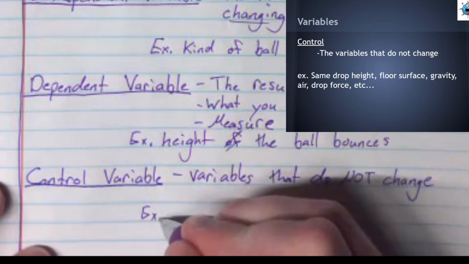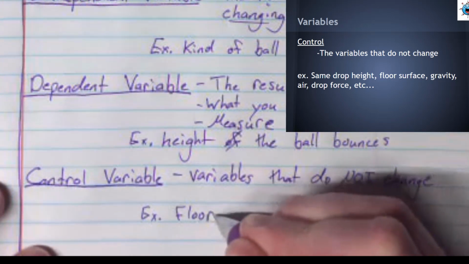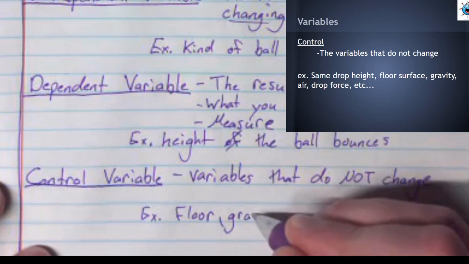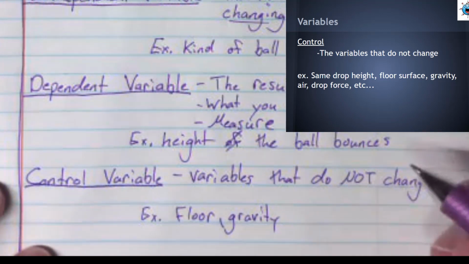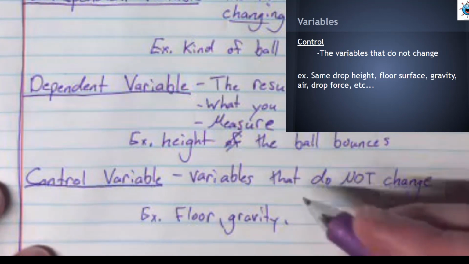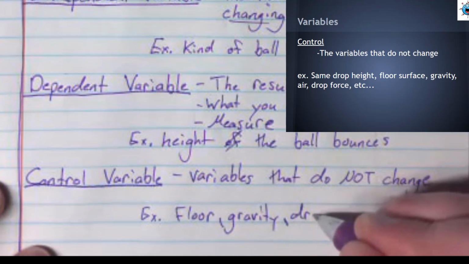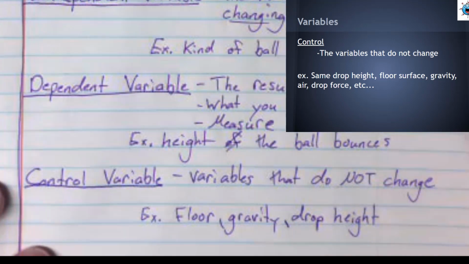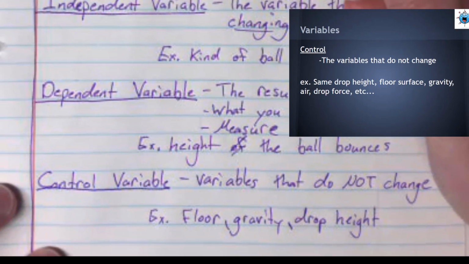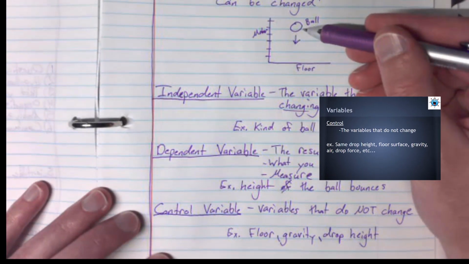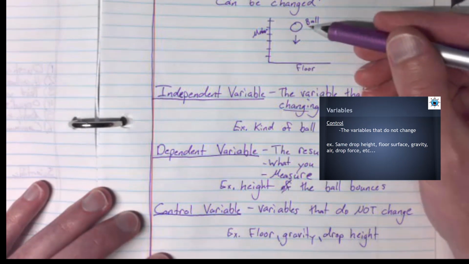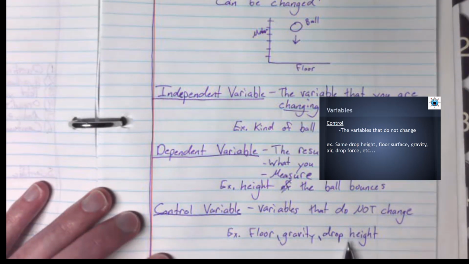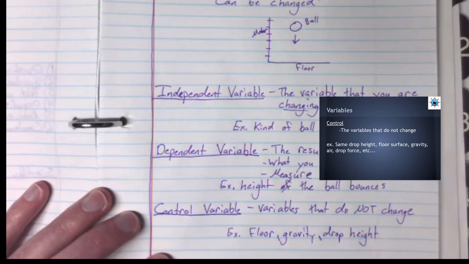So our example would be the floor, gravity. Like, oh, the height that you drop. So drop height. That would be really fair if I dropped a bowling ball from 10 feet and a golf ball from half a foot. You can't compare the bounces. That wouldn't make sense. So you have to make sure that some things are exactly the same every single time. Otherwise, your experiment is kind of dumb.